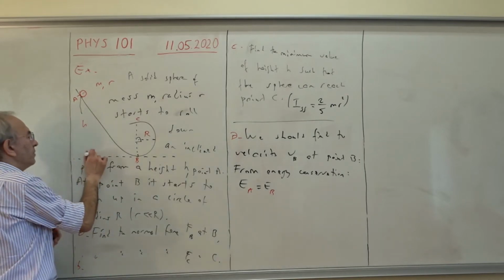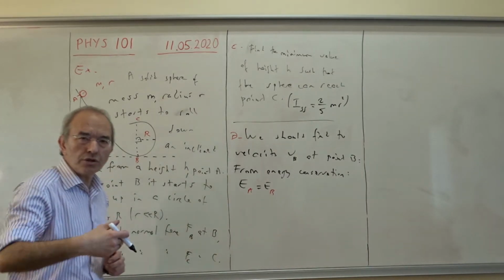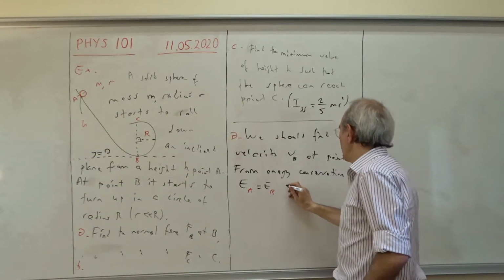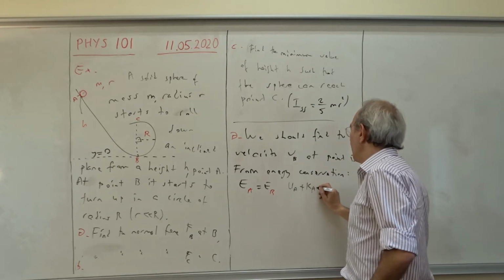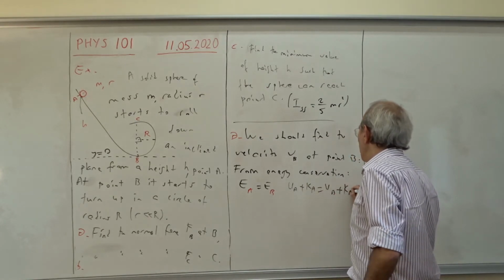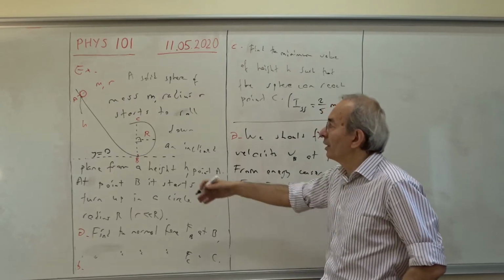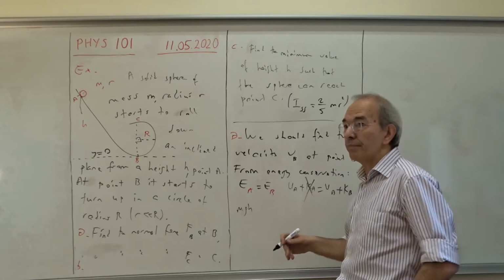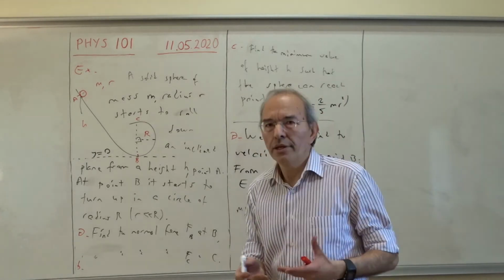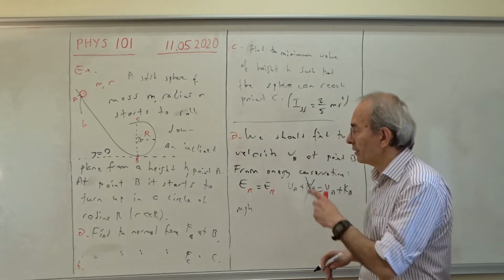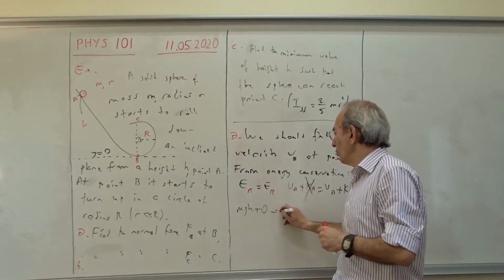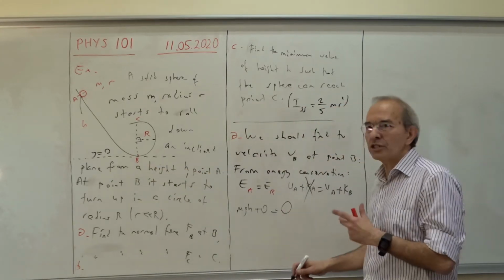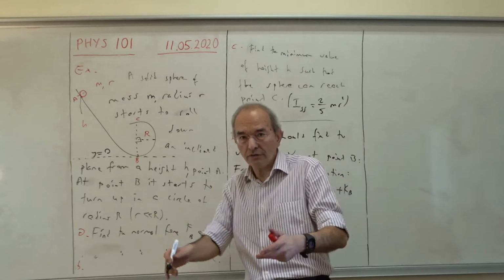For simplicity, we can choose this level to be the zero level, so we have potential at A, kinetic at A, potential at B, kinetic at B. Initially there is mgh, m times g times h, but nothing as kinetic energy because it is at rest, it doesn't rotate yet, plus 0. At point B, it has no potential energy because we have chosen this level to be the zero level.